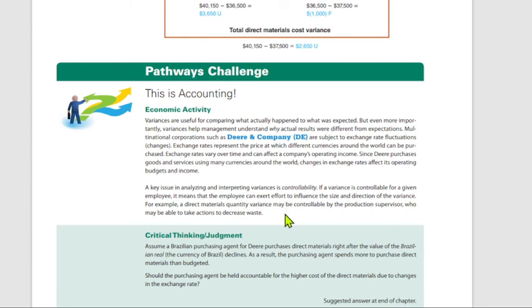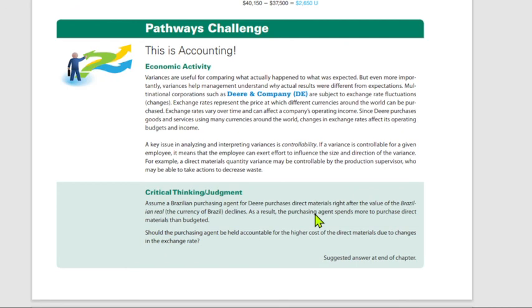Pwede kasi nilang makontrol yung amount na binibili nila as evidenced by the purchase order para mabawasan yung inventory level na mataas at yung wastage na yan. So, the key issue, kaya niya sinabi is the controllability. So, we pinpoint responsibility to those who are in control of the variances. Kung sino ang may in control doon.